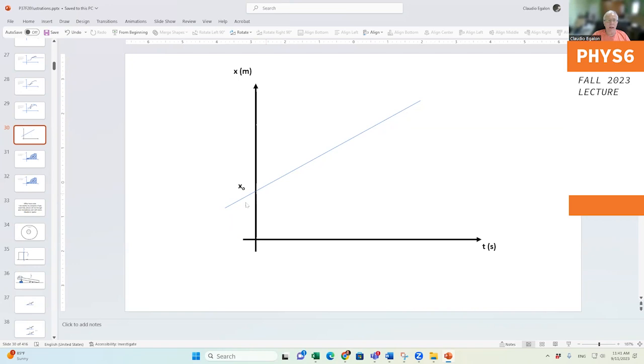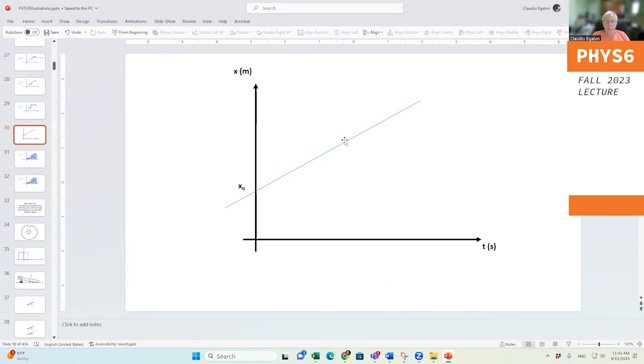Everywhere along this line the velocity is constant. The slope here is the same as the slope here, because this is a linear graph. That's how you should interpret it.